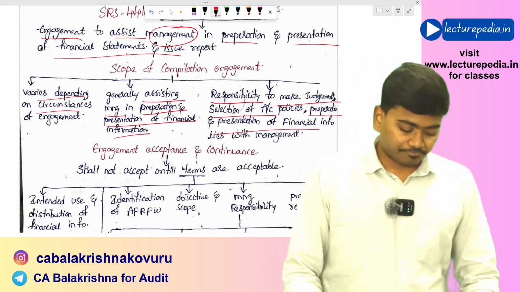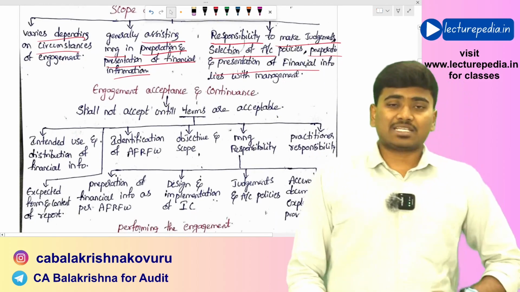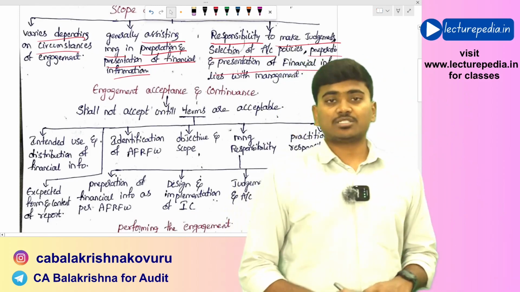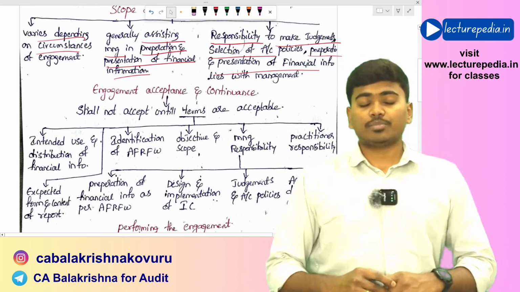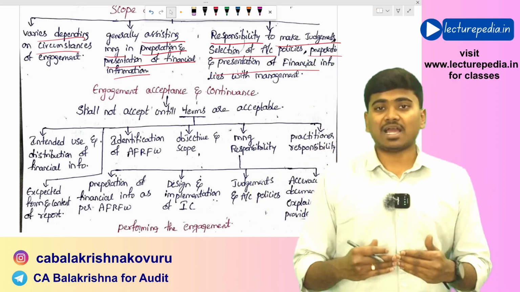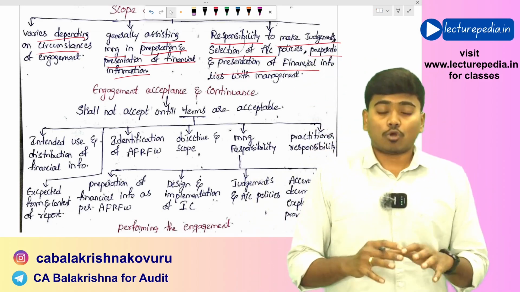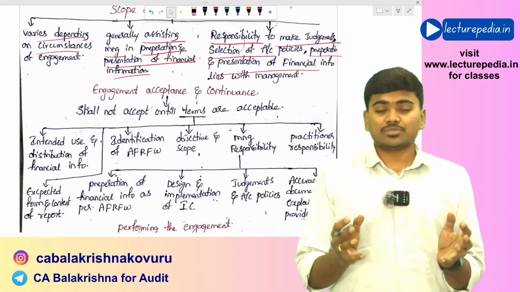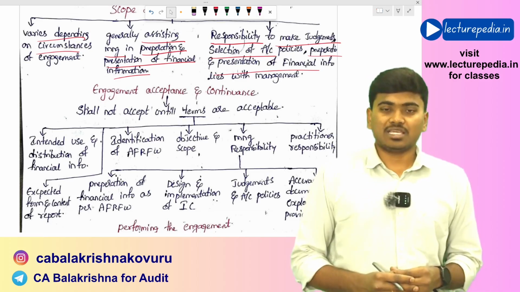Hope that is clear. Now, in order to accept this compilation engagement, the terms of the engagement must be acceptable to the practitioner. Only then will he accept the engagement. So what will be included in the terms of this compilation engagement?